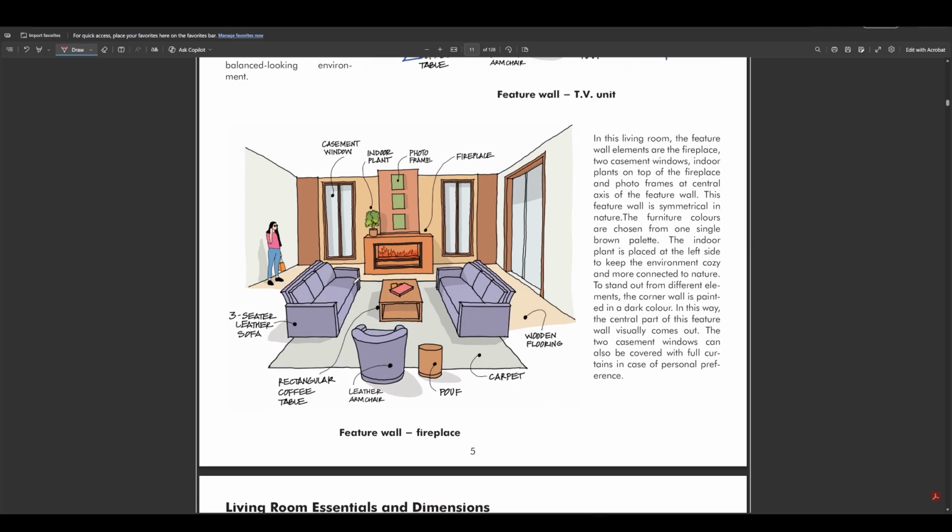Sometimes we don't need the TV, and we can design it in a different way also. So you can read these and understand this because it doesn't have anything very big or complicated, so it's fine.